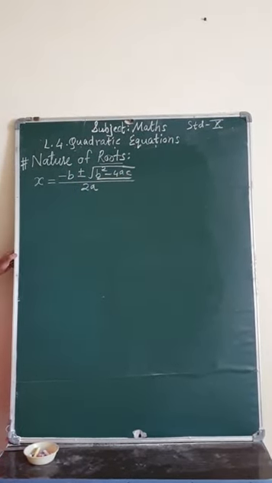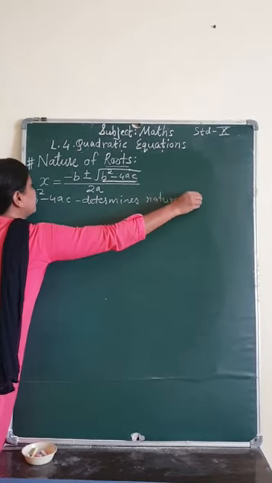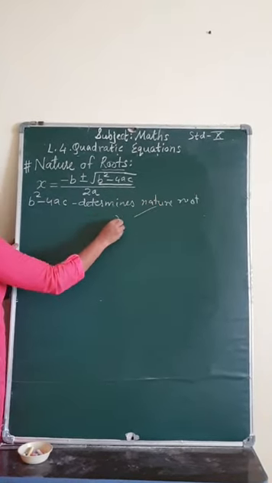So b square minus 4ac determines the nature of roots, and that nature is either real or not real, or, more specifically, in real we can say either equal roots or not equal roots. This is how it tells us, or determines, the nature of roots.